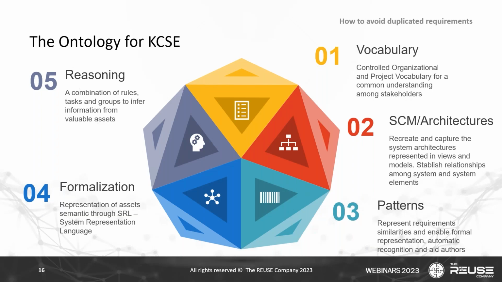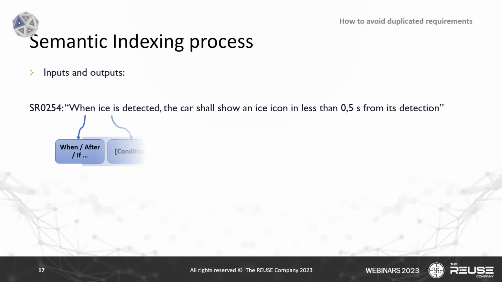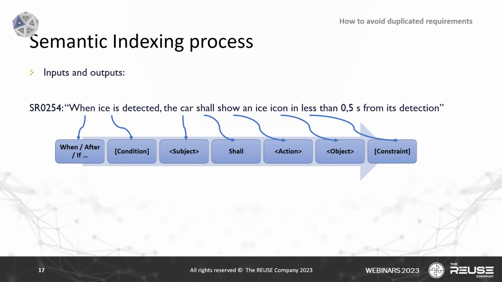I don't have time in this short webinar to describe our approach, but for those of you who are familiar with our ontological approach, you know these 5 layers: controlled vocabulary, system conceptual model, patterns, pattern formalization, and reasoning. So these are the components of our ontology, making feasible first to take an actual requirement like this one.